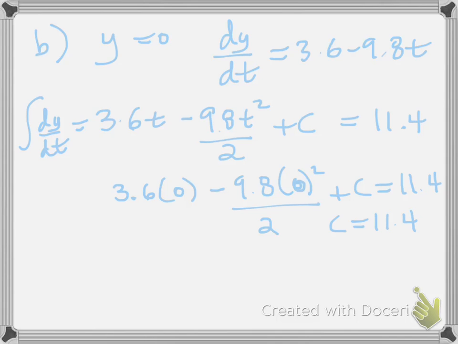And now that I have this whole equation, I'm going to set that equal to 0 to find what time it takes until the diver reaches a point where the y value is 0. So 3.6t minus 9.8t squared plus 11.4 equals 0.